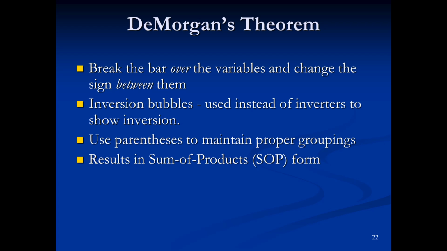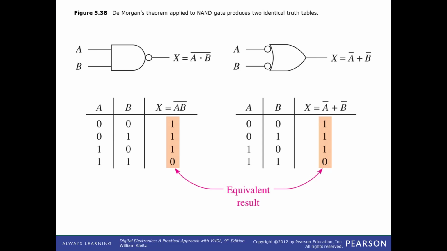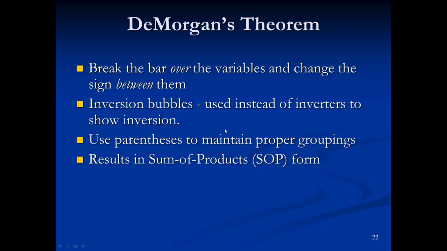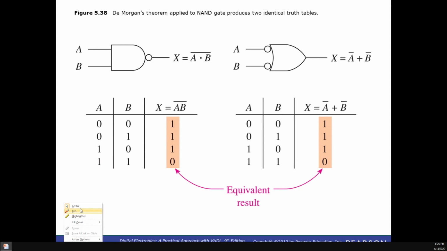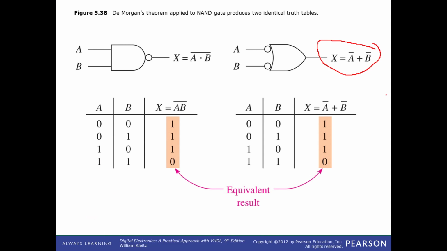The result of this little conversion here into these separate terms ORed with each other, it just so happens that the results of that gives us a sum of products form, meaning if we go back to this x equals not A ORed with not B, that is the sum of products form, meaning here's one product, here's another, and these could be ANDed with something else.